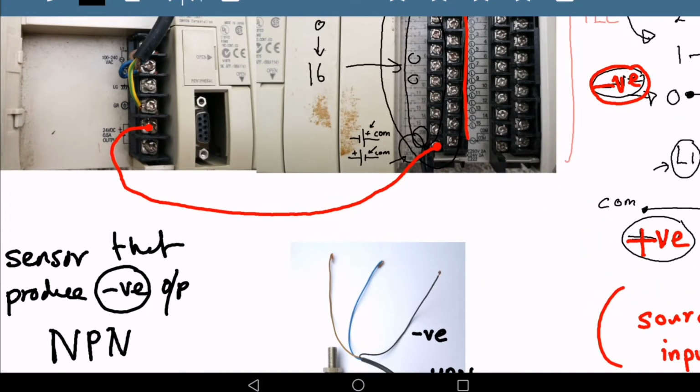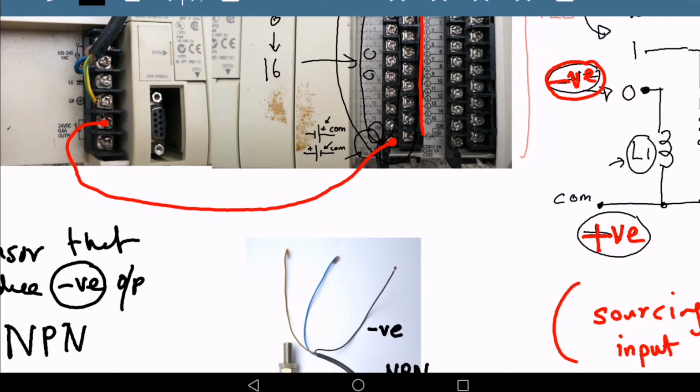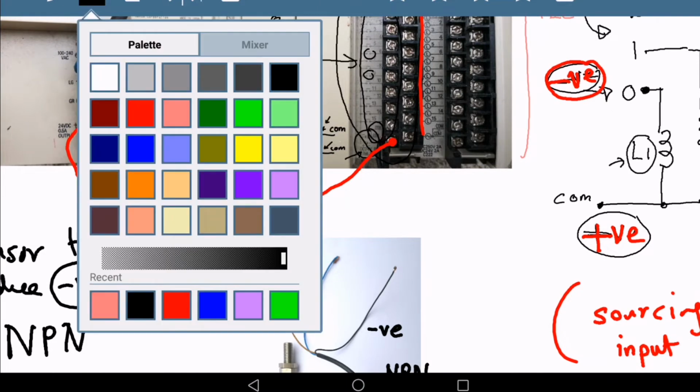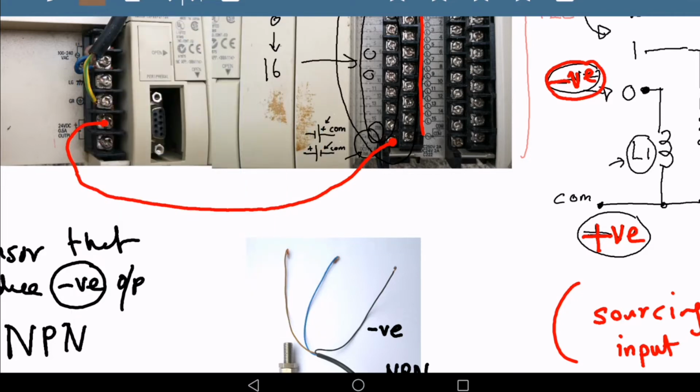So how to do the connection? Remember, the brown is positive. This is for the sensor, to energize the sensor. That is brown, the power supply for the sensor.